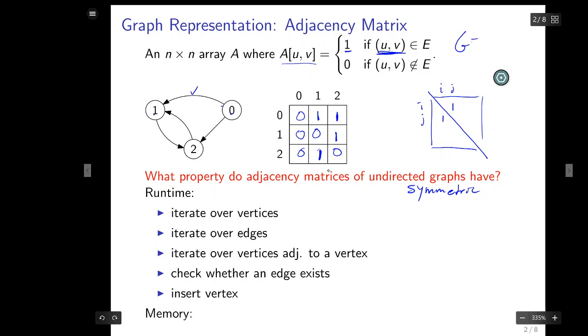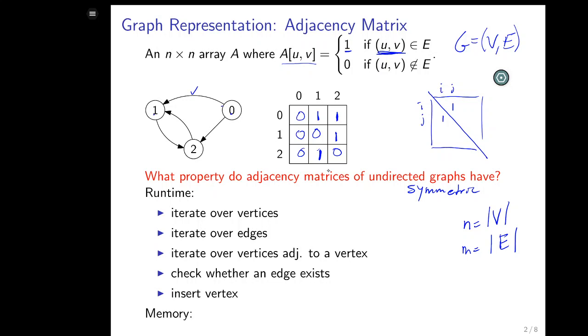We have graphs which have a set of vertices and a set of edges, and n is the number of vertices and m is the number of edges. To iterate over the vertices, it's theta n. Really there might be another array that tells you properties of the vertices, and you would just be iterating over an array. This isn't slowing you down at all.